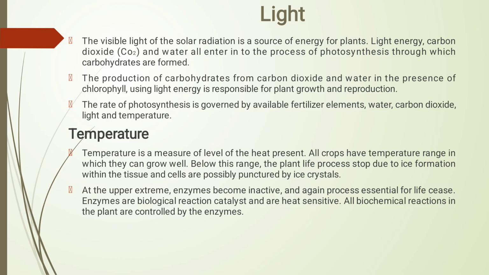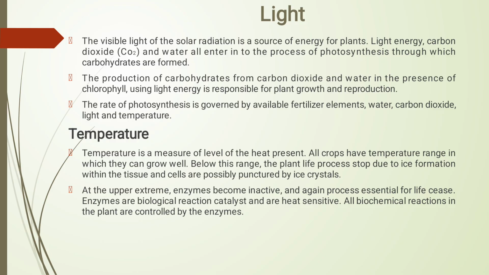Next, temperature. Temperature is a measure of the level of heat present. All crops have a temperature range in which the plants can grow well. The plant's life processes stop due to ice formation within the tissues, with cells punctured by ice crystals.